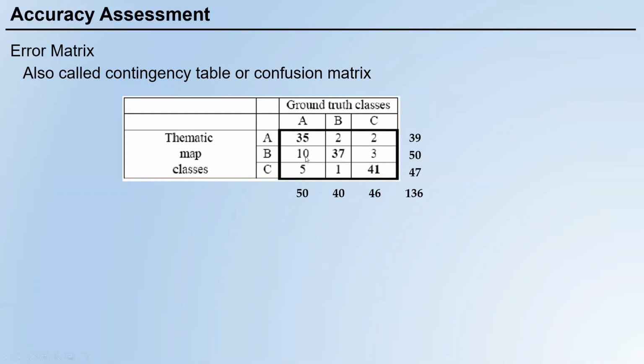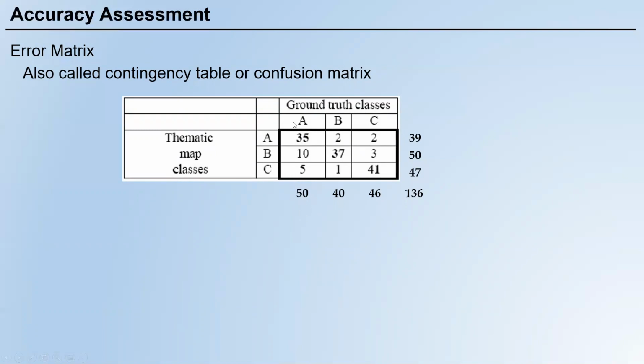What does 10 mean? It means that 10 pixels in the image are classified as class B, but they should be class A. Similarly, 5 pixels in the real world are class A, but in the image, they are wrongly classified to class C. So what's the meaning of this 50?